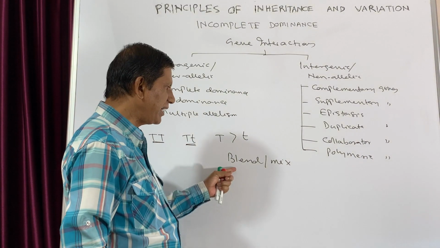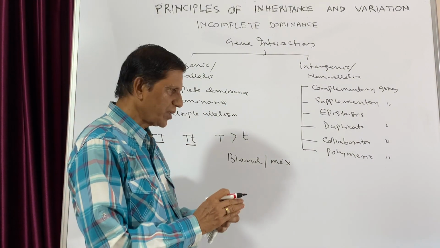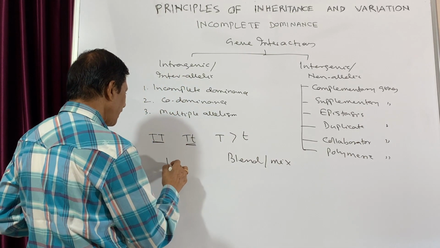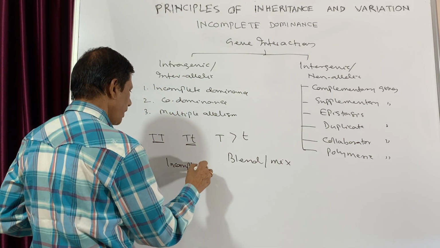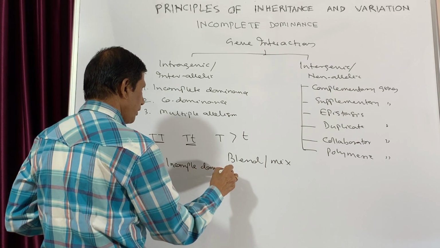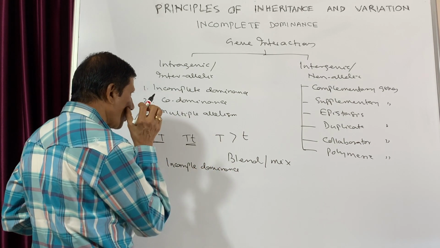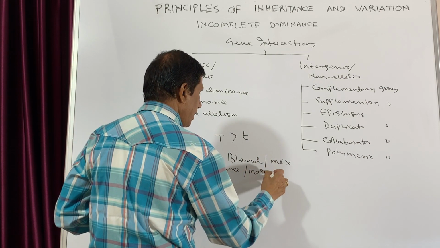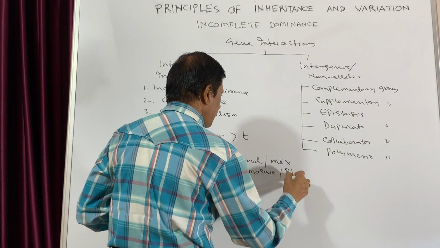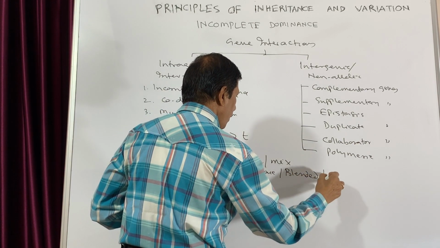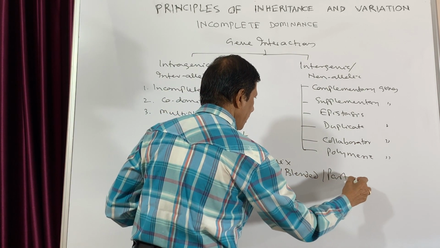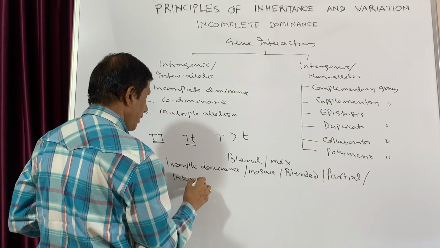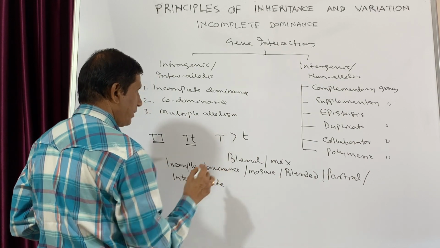So this blending or mixing of the two characters is known as incomplete dominance. We can also call it mosaic, or blended, or partial, or intermediate.